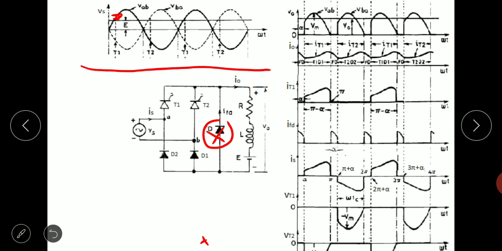Before this angle, the thyristor will be reverse biased, hence we cannot trigger our thyristor before omega t is equal to theta 1.